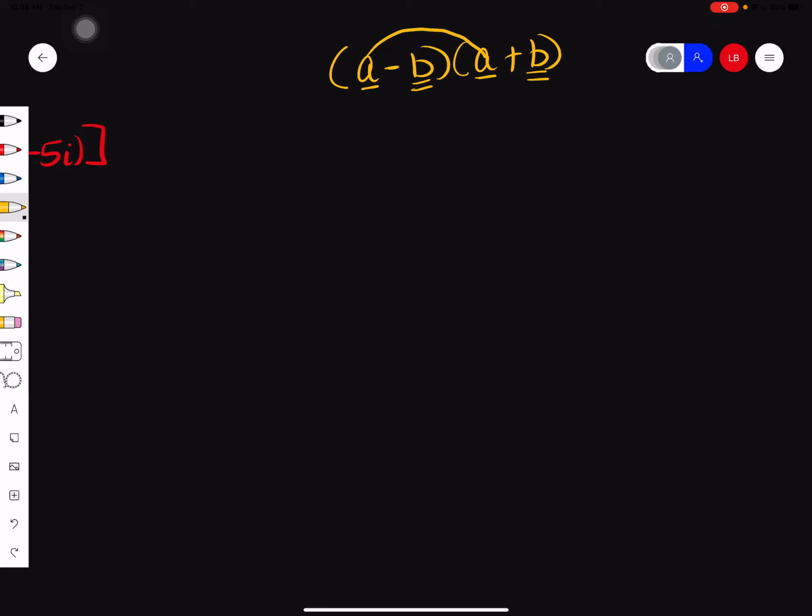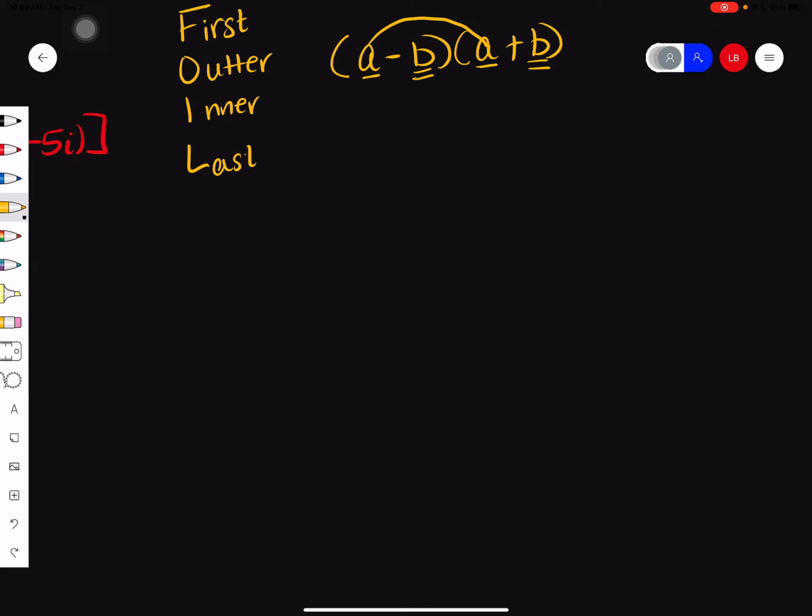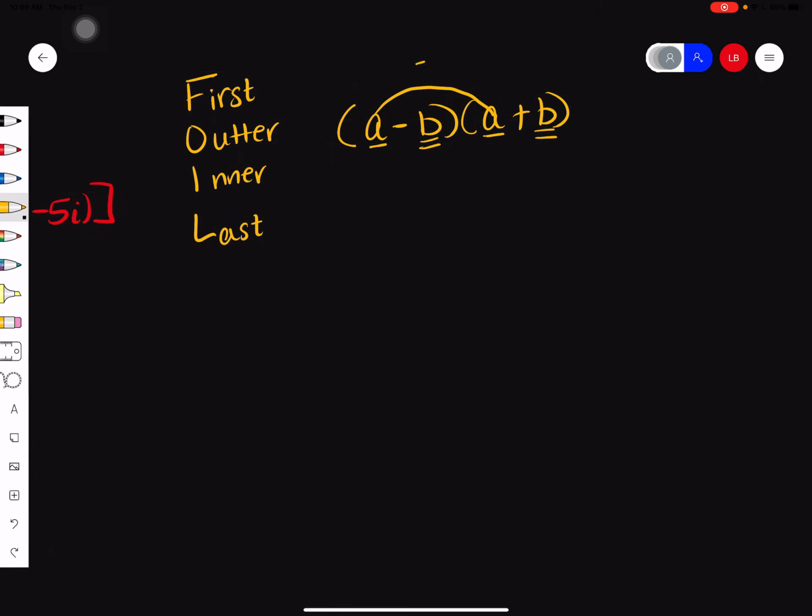I realize some students do not know what the FOIL method is. FOIL stands for first, outer, inner, and last. When I say first, I multiply the first two terms in the binomials together. A times a gives us a squared.